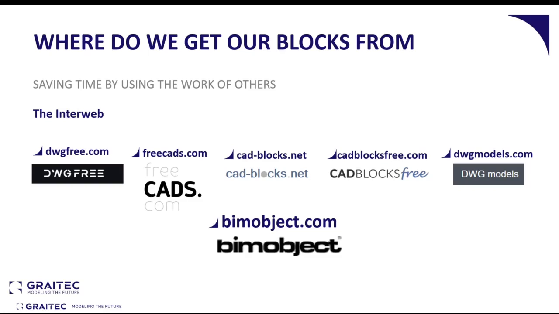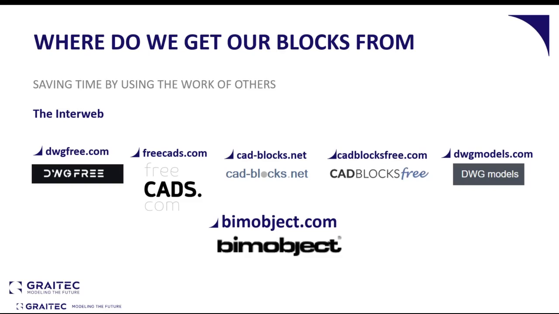And then you get access to be able to download all of these blocks. On the bimobject.com site, not only will you be able to download DWGs, but there'll be Revit files, SketchUp files, IFCs, OBJs, and quite a few other file types that you can download for all sorts of different products.